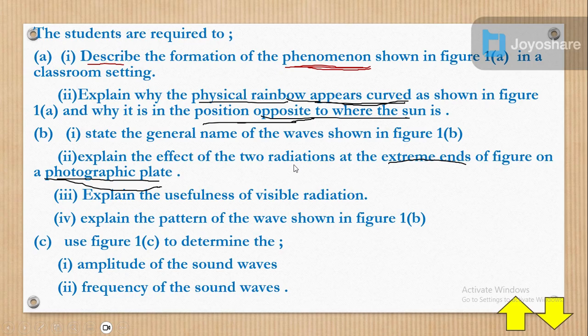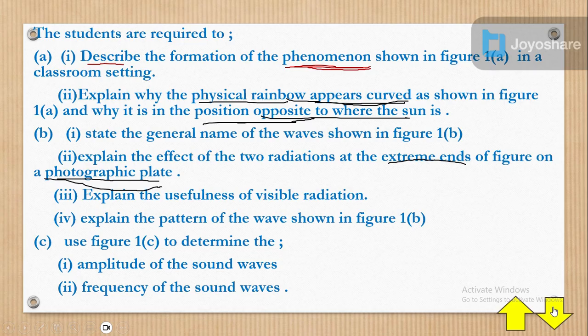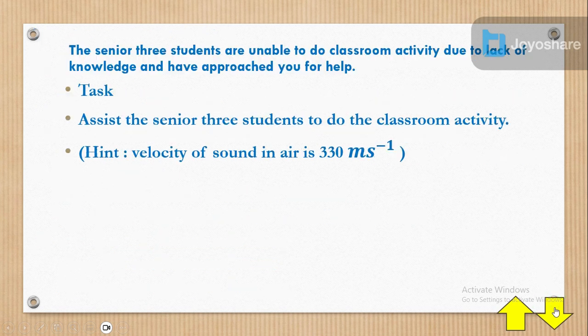You have seen that the gamma rays have an effect on the photographic plate, while the radio waves do not have the effect. Then Roman number 3: explain the usefulness of visible radiation. Now, the visible radiation, we have it here. This one here, the visible radiation. Okay, let's go and see the uses of that visible radiation.